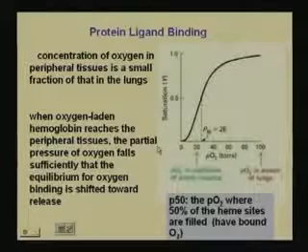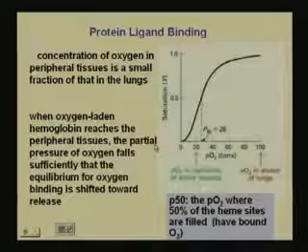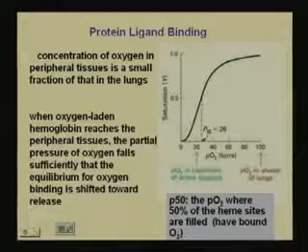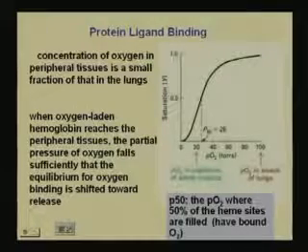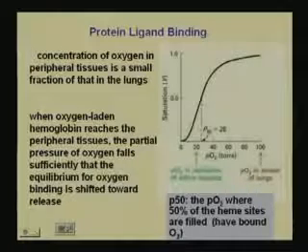What do you expect the oxygen concentration to be in the tissues? Less than that is there in the lungs, right? When we are looking at the oxygen concentration in the tissues, it is less than that is there in the lungs. What does that mean? It means that the ligand concentration in the lungs is higher, right?